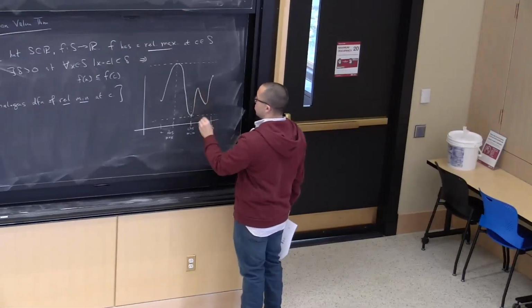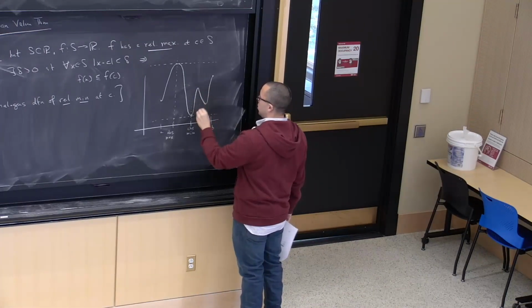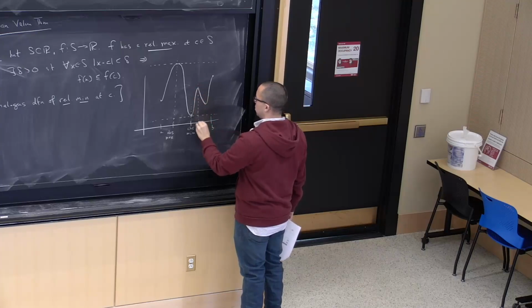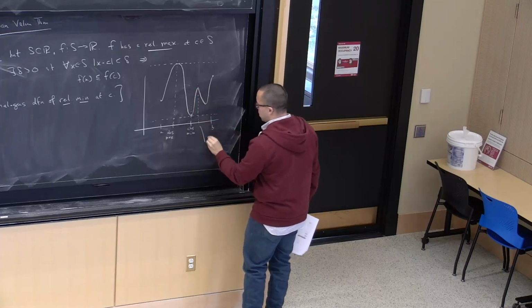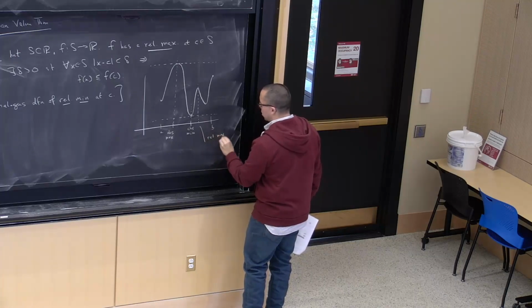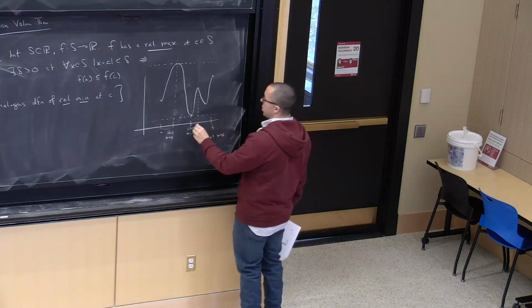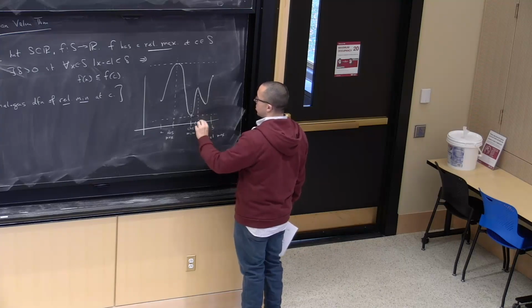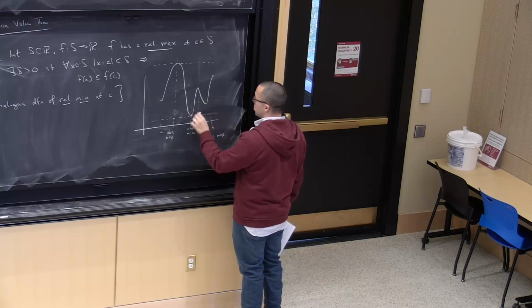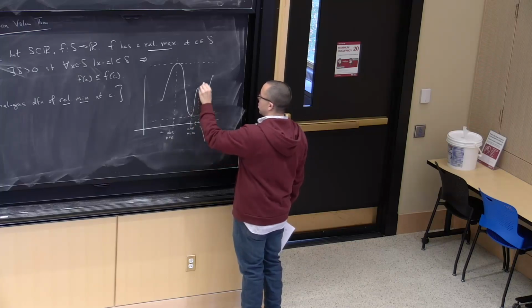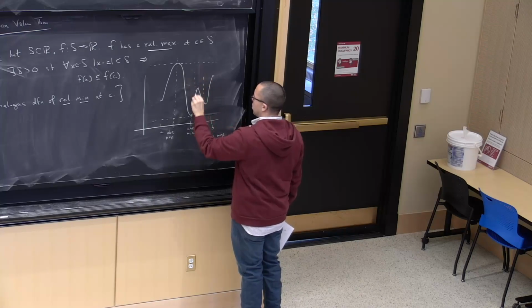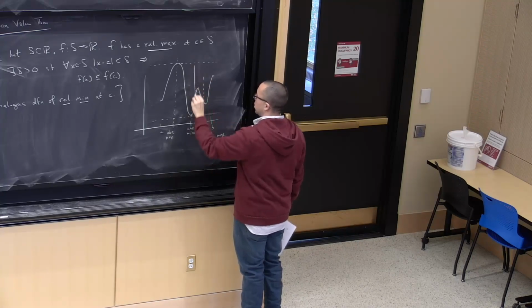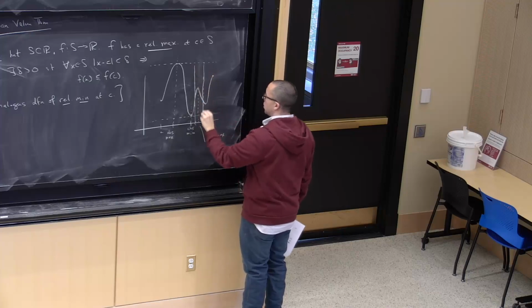But now if I go to this point, say, this would be a relative max, okay? Because why? If I look at a small interval around it, and I look inside this interval, there's too many dash lines going on, so I'm just going to do away with the dash.